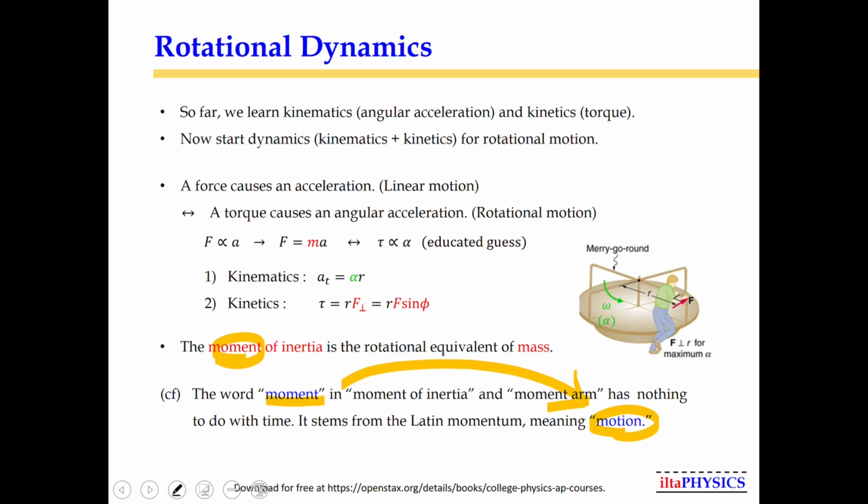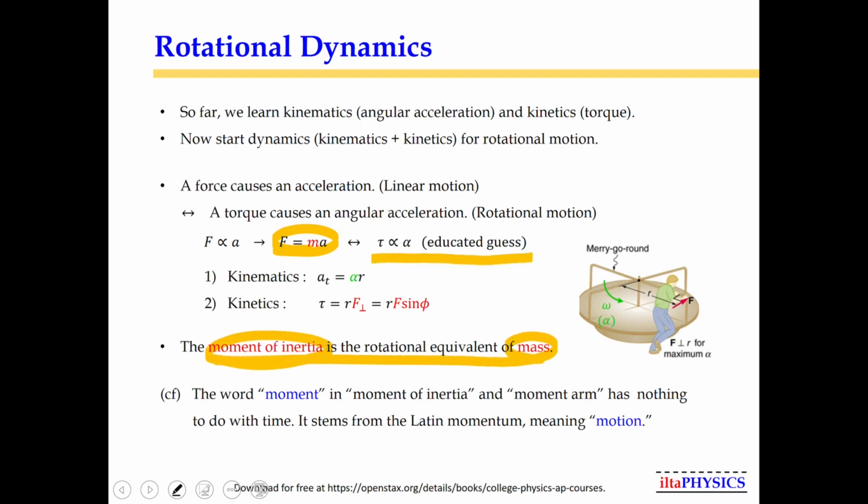In conclusion, from a dynamic standpoint, we can summarize it like this. Just as mass measures an object's resistance to linear acceleration, the moment of inertia measures its resistance to angular acceleration. So, how do we derive this moment of inertia? Let's go back to the merry-go-round.